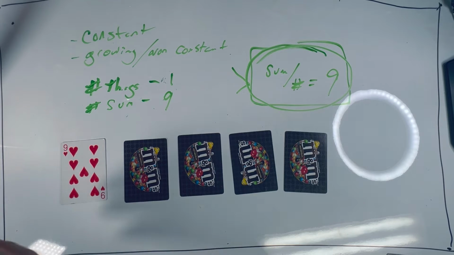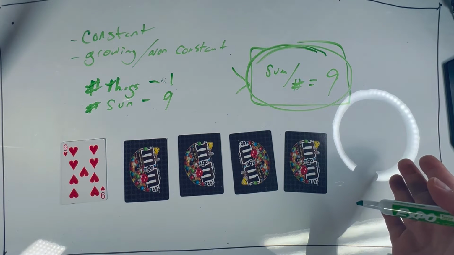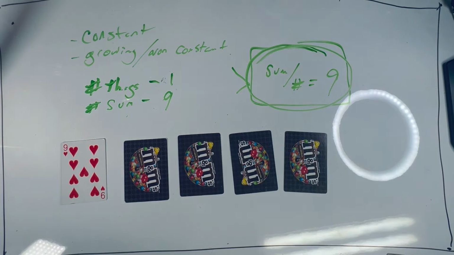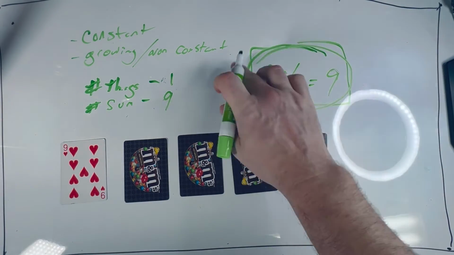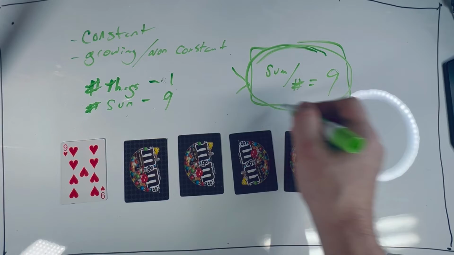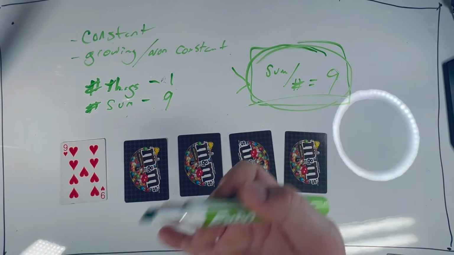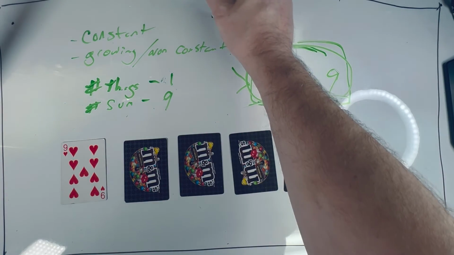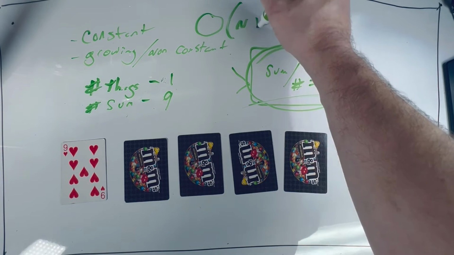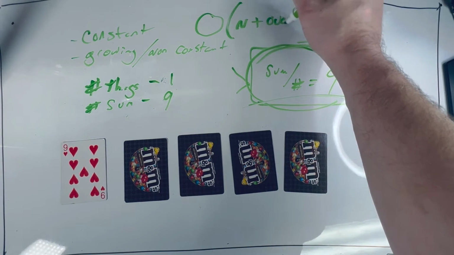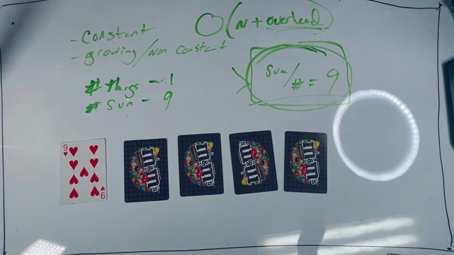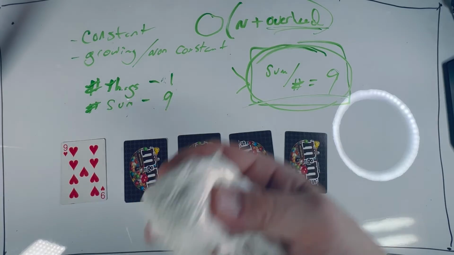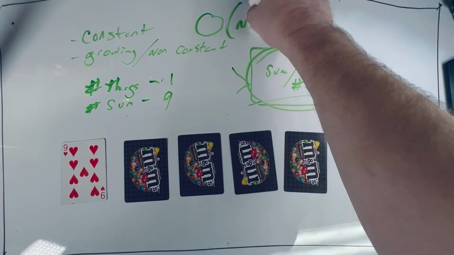No matter how many items are in the collection, no matter how big or small the numbers are, if they're all zeros, if they're all 12s, it doesn't matter. It's one operation, right? This is negligible. So it doesn't count towards our big O notation. It's not going to be big O n plus overhead, right? Because that overhead is constant for every time I run this algorithm. So I'm going to ignore that overhead and say big O n.